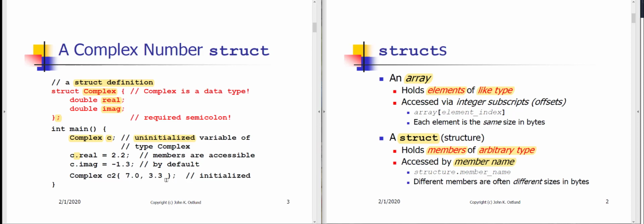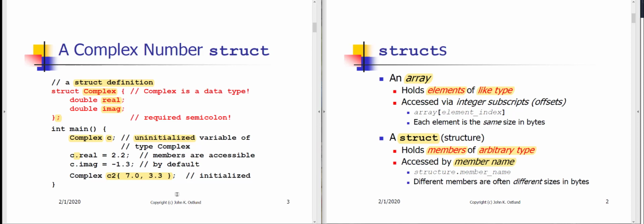Initially, this complex object is uninitialized. So it just contains garbage for both the real part and the imaginary part. If we say c.real gets 2.2 and c.imag gets -1.3, we now have some valid data in this object C. We can initialize a structure using curly brace notation.